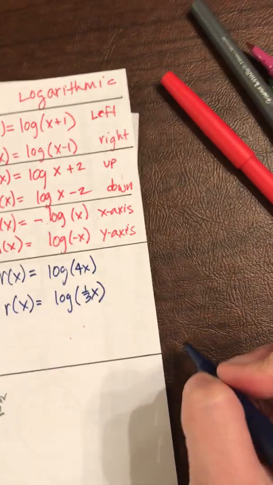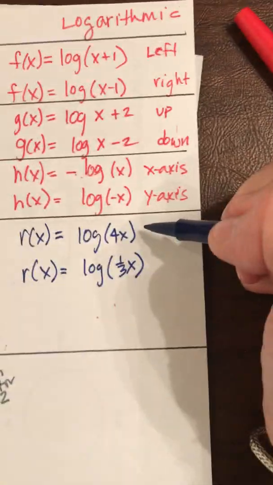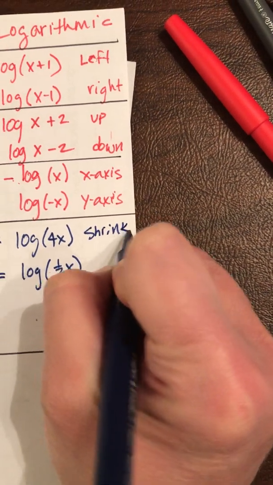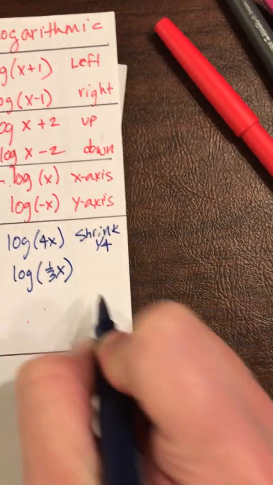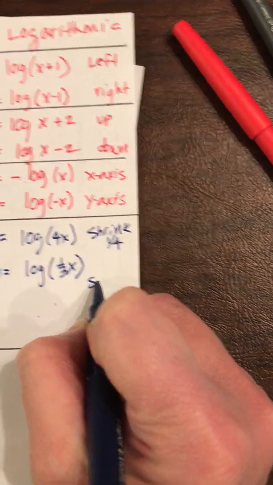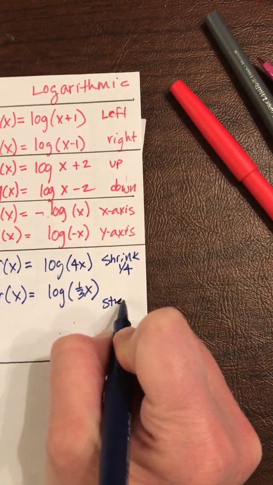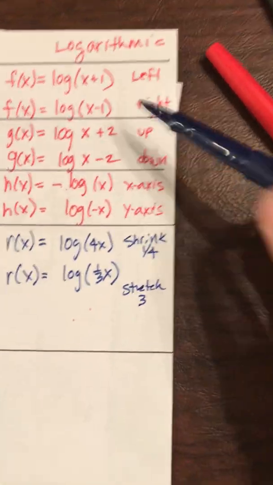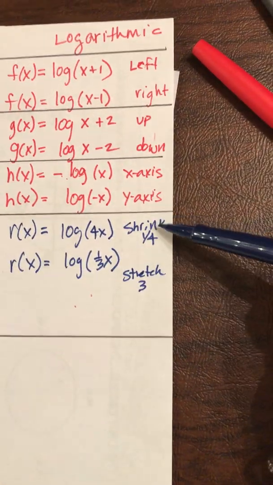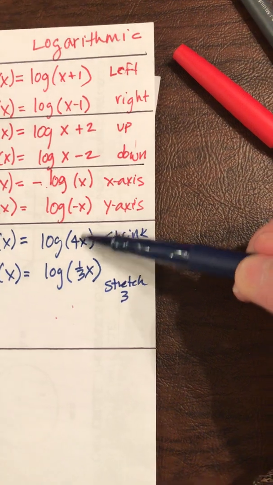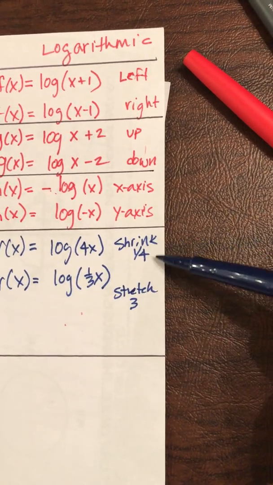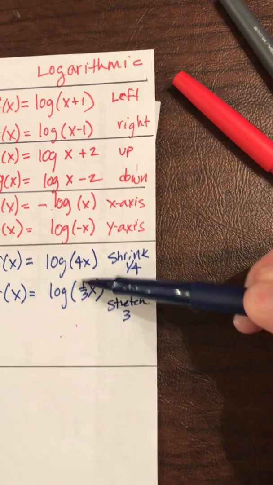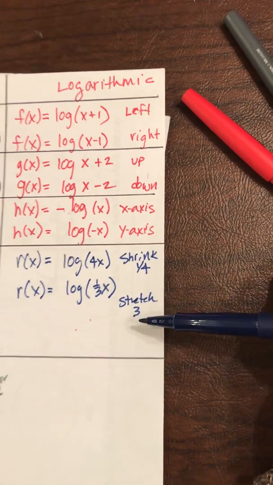Again, it goes the opposite direction. So this one is a shrink, and it's by a factor of 1/4. And this would be a stretch by a factor of 3. So you'd think this would be a stretch because it's a bigger number, but it's actually a shrink, and it does the reciprocal, so the opposite here, and it does a 1/4. And this one is a stretch, and it's by a factor of 3.